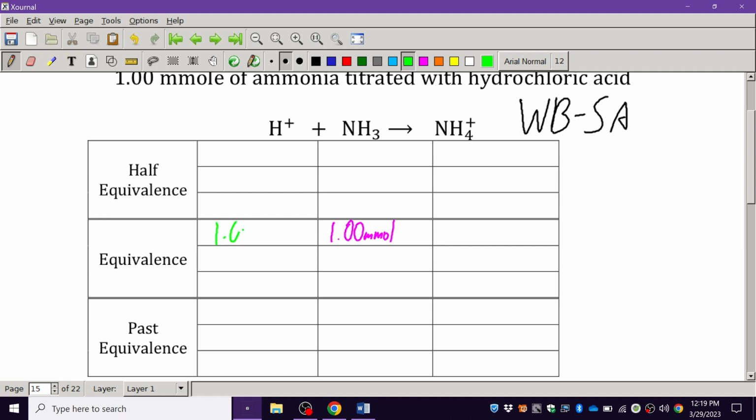That's the definition of the equivalence point. All right, so take the time to learn this language because if you don't, you're going to have a really rough time with it. Okay, and so we look at this, both reactants are consumed, and we form the same amount of product.